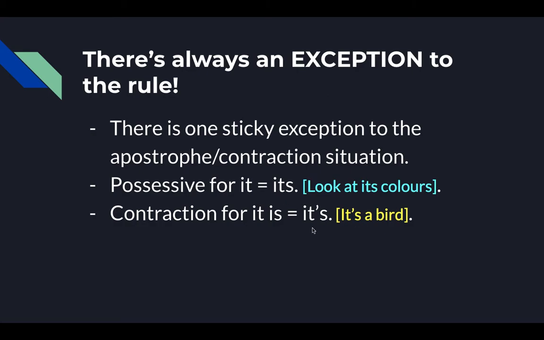Basically, 90% of the time that we encounter one of these two, it's going to be the contracted form of it is. So because it is so much more common, the language itself has determined that it's more logical for us to use this for the contracted form of it is, and to use a special form of the possessive for the word it.